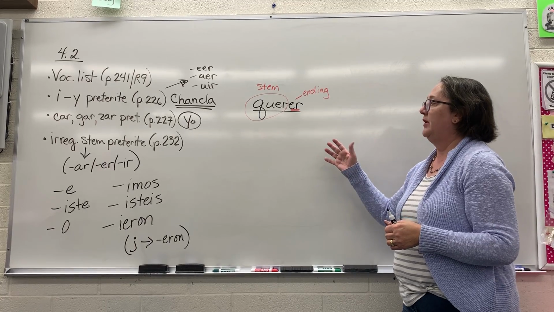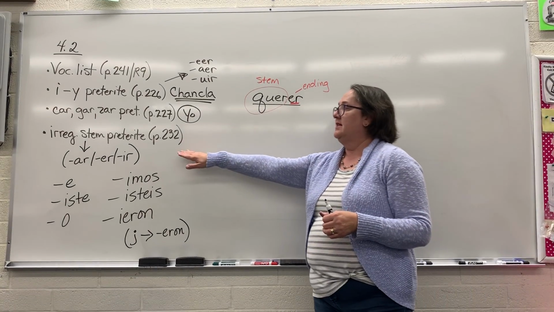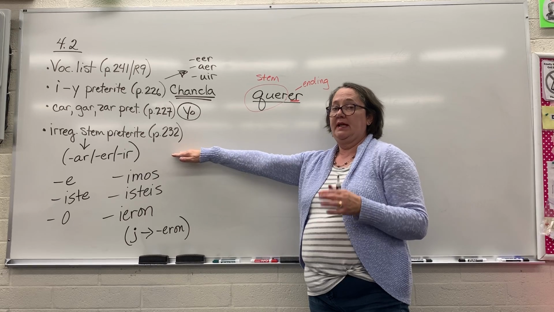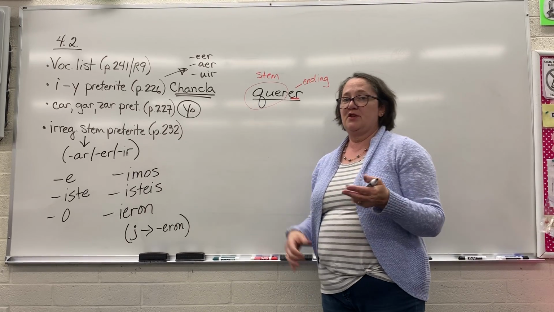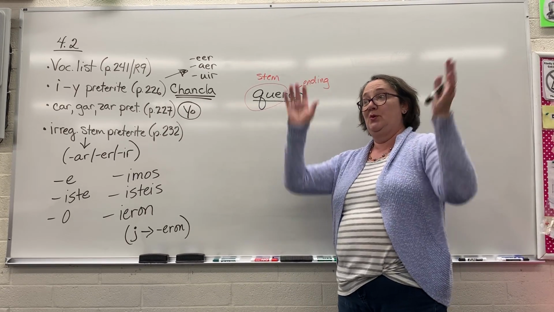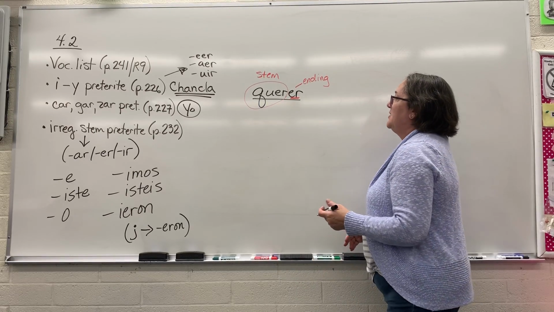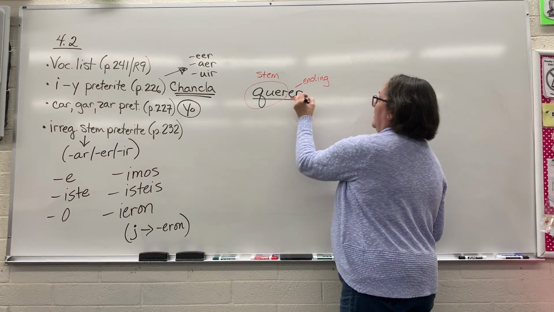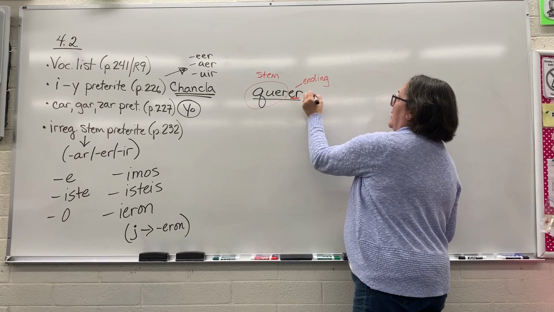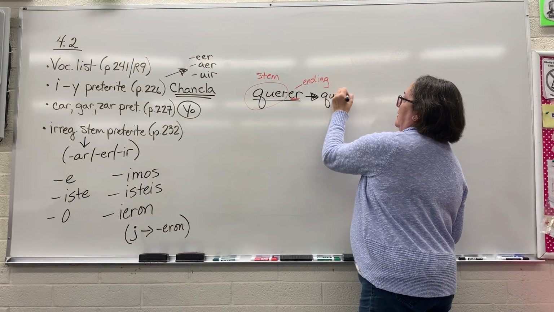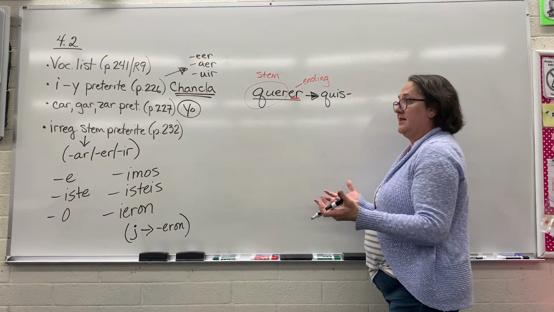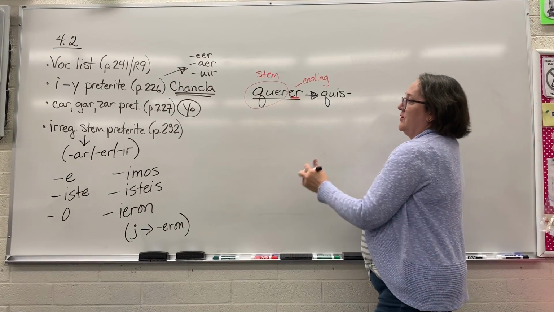But in the preterite, we have a whole grouping of these guys that just have weird stems. I can't give you a reason for this one. This is just the way the Spanish gods decided, this is how the verb is. Okay, so this little guy, he has this weird stem of quis. Quis, and you have to memorize the stems. And then we're just going to add on those endings.